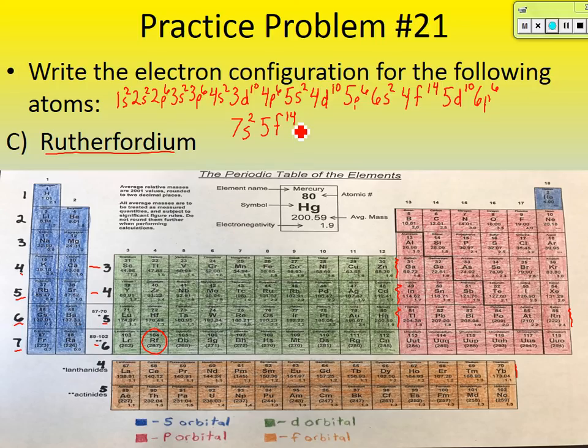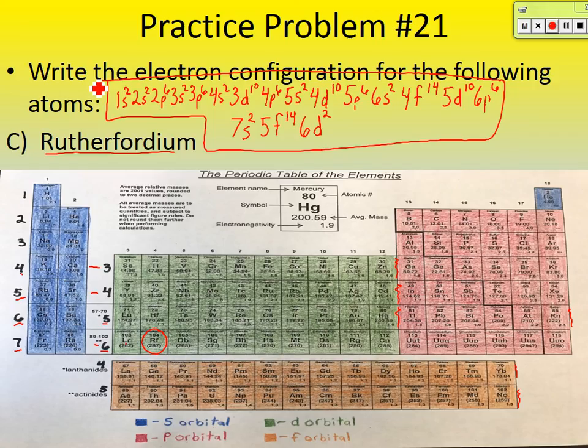Okay, so we're to right here. Now let's go back up to 6d. And if you count over 1, 2 to rutherfordium, there's just 2 more electrons right in that orbital. Okay. That is how you do the electron configuration for rutherfordium. Guys, if you can do that one, you can do any of them.